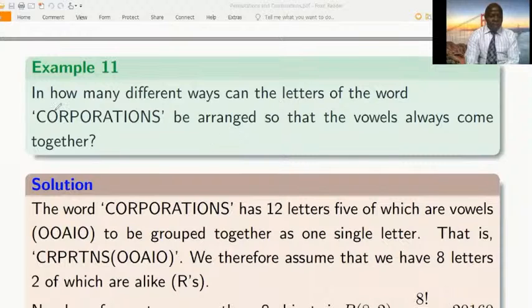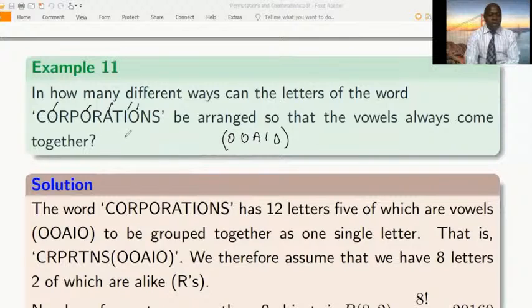The vowels here are O, O, A, I, O. So these vowels must always come together, so they will be considered as one letter.